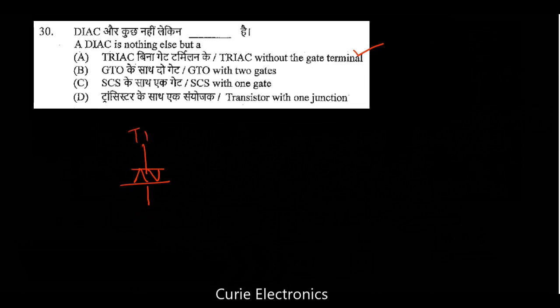What about the triac? A triac will have MT1, MT2, and there is a gate. This is the triac with the gate. So a triac without a gate is the DIAC.